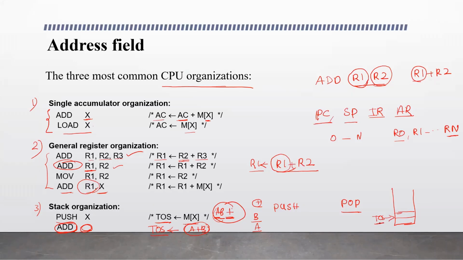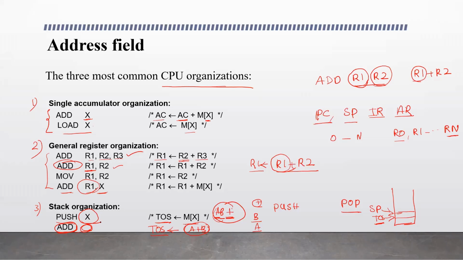Top of stack. The pointer here is TOS, that is the register SP points to this particular location. From the top of the stack, you can remove an element, or at this position, you can insert a new element. These are the operations.